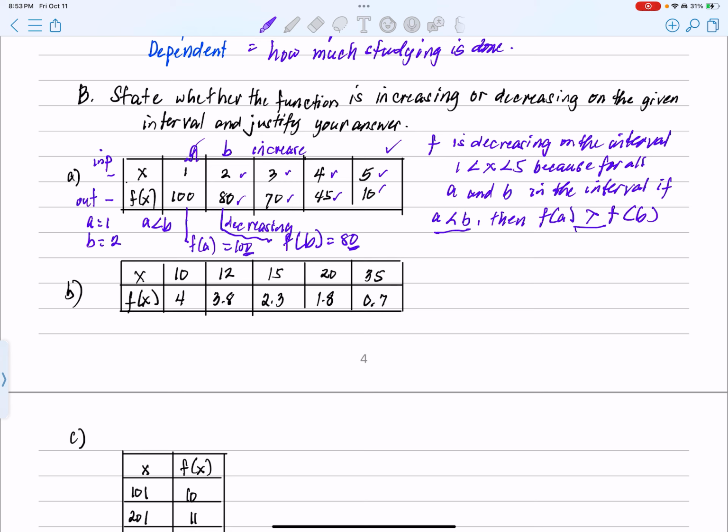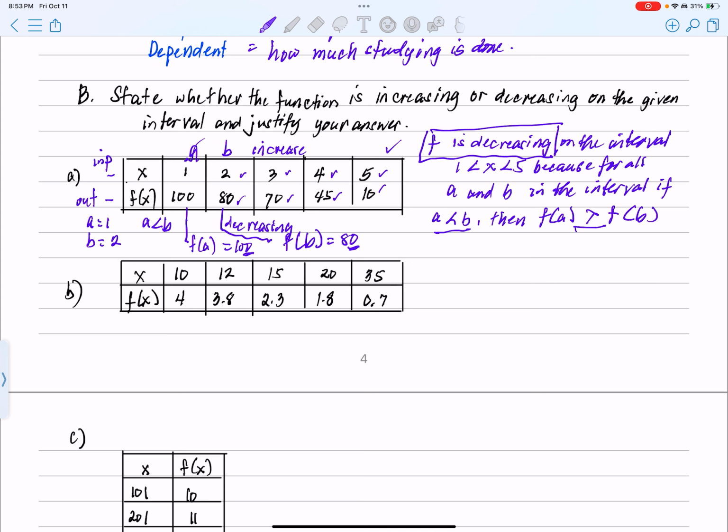One is decreasing, the other is increasing. So the input is increasing, while the output is decreasing. If that happens, that means the function is decreasing.